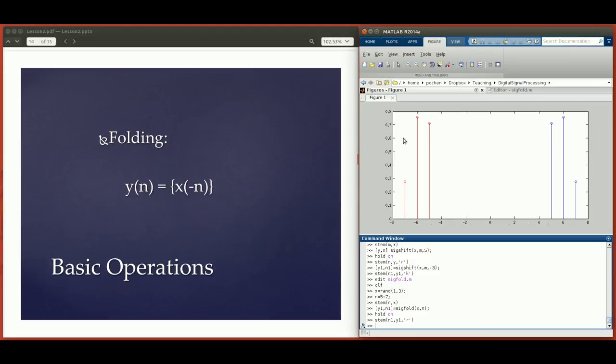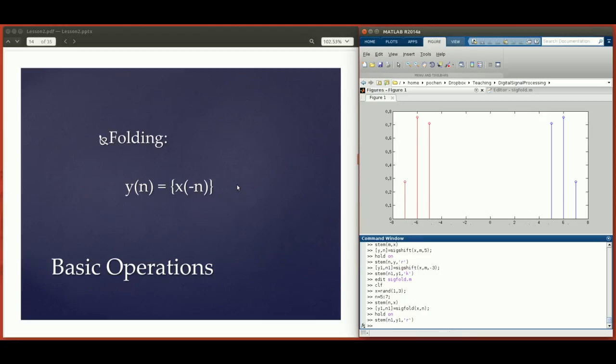So this folded image is exactly the mirror image of the input signal, with the symmetry axis at location 0. So this is location 0. That's here, and then that's the mirror image. That's the effect of folding.